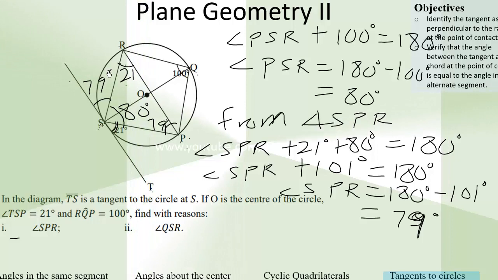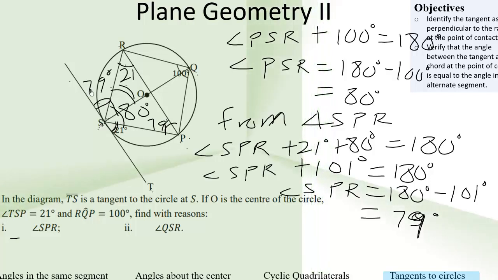So angle QSR, this angle here, this small angle here, when we add it to the 79 degrees angle, we have to get 90 degrees, because the angle between the tangent here and the radius OS should give us 90 degrees.